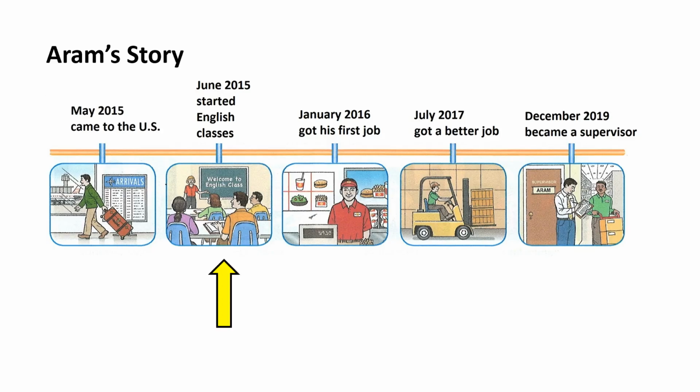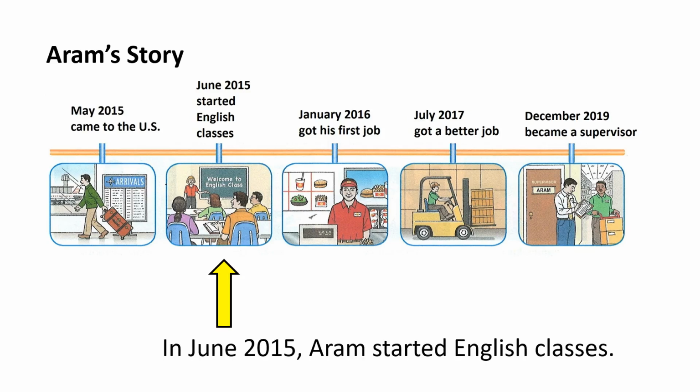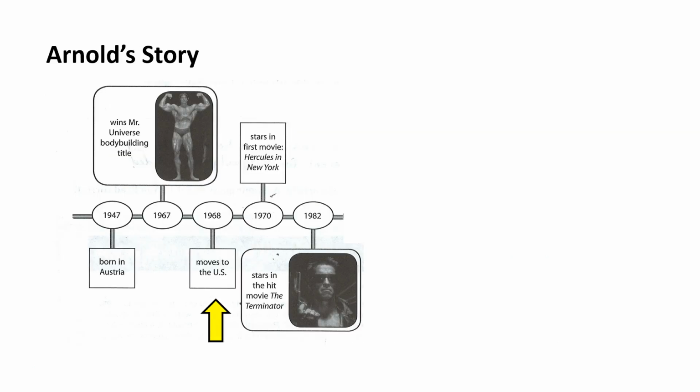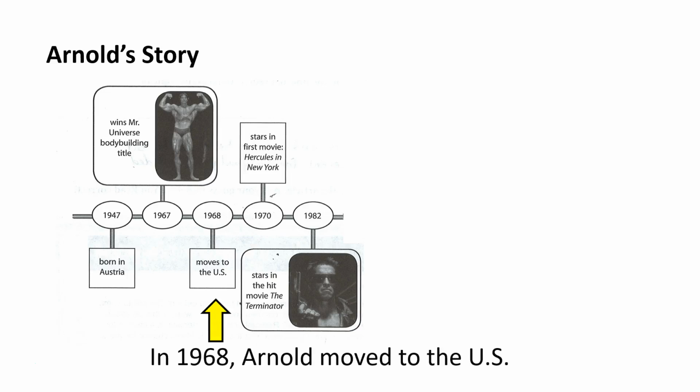So, for example, in Aram's story, I can choose any of these things, but if I choose this one, I would say in June 2015, Aram started English classes. Here, in 1968, Arnold moved to the US, and this would be the same if I chose 1967 or 1947.